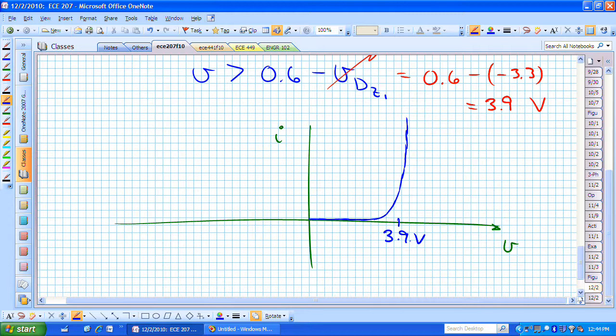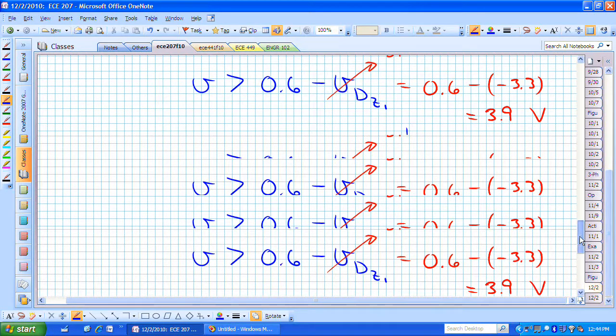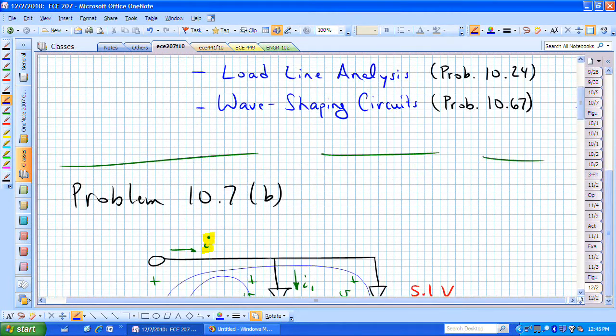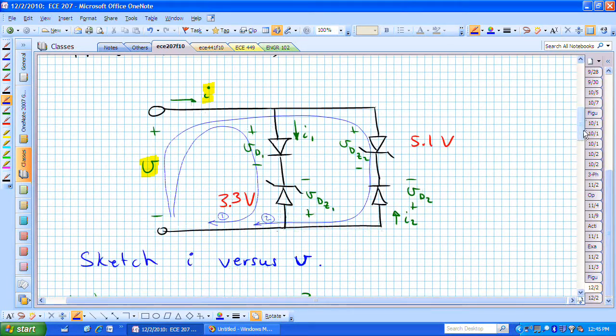That's what's going to happen in the positive voltage direction. If V is negative, then the second diode on the right-hand side is wanting to conduct. If little v on the left is negative, that's like putting a positive voltage on the lower side of that second diode.